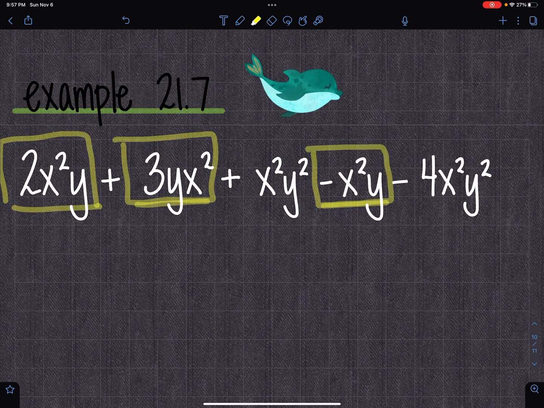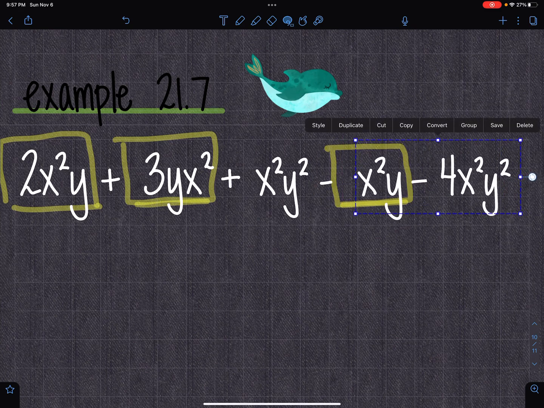And I'm also going to pay attention to the fact here that there's a coefficient that we can't see, this invisible coefficient of 1, because you don't need to write it every time, but there's a -1 right there. And that's going to make my life easier because I won't mess up the problem. So now, the variable part of it is the same.